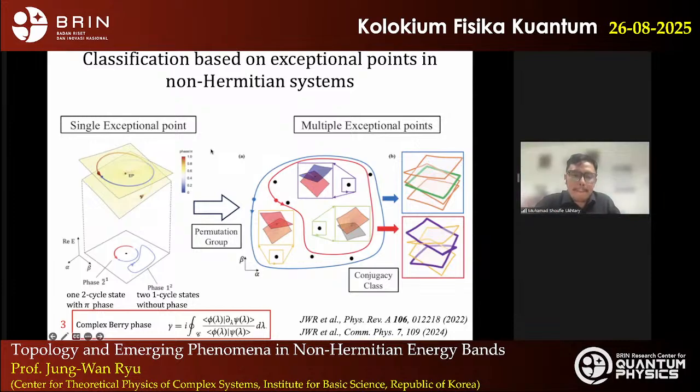They can diverge sometimes, and sometimes they can give very abnormal values. So we checked many things. Finally, we decided this bi-orthogonal Berry phase works very well in non-Hermitian systems.